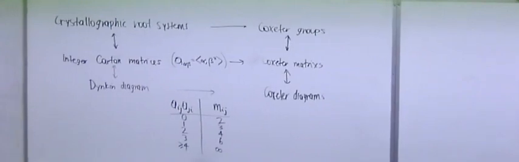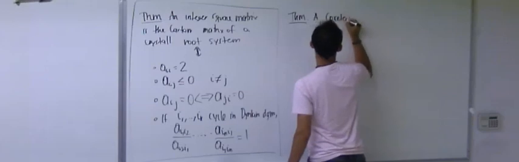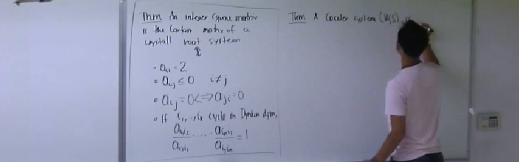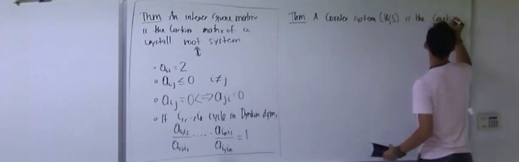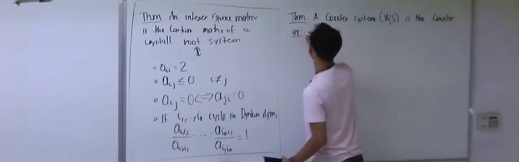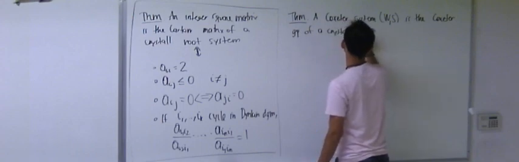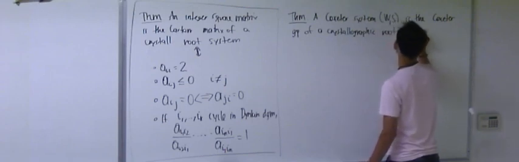And so my goal for today is to prove a theorem that sounds very similar to this, and basically should read something like: a Coxeter system (W, S) is the reflection group, or the Coxeter group, of a crystallographic root system if and only if something.